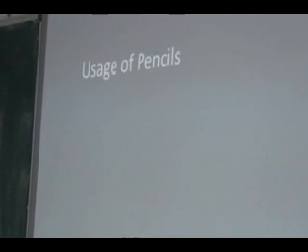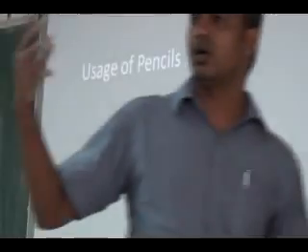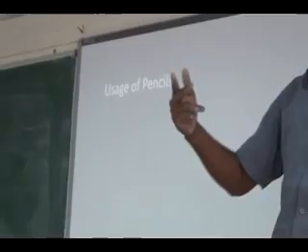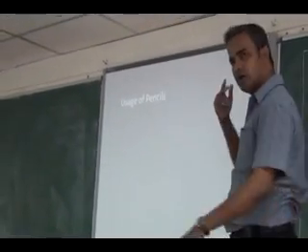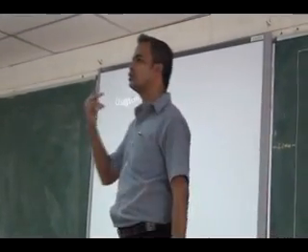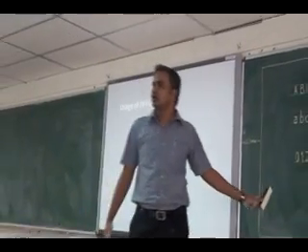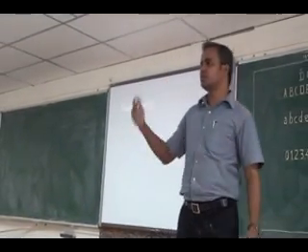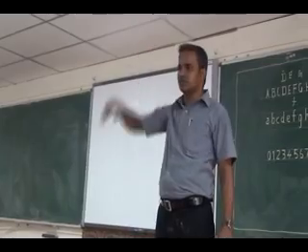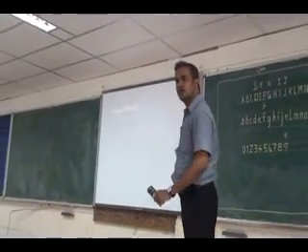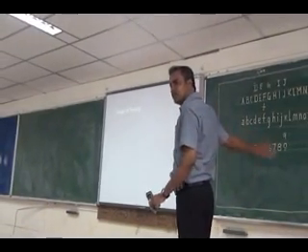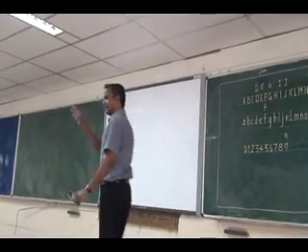Usage of pencils. As I told, so far I have mentioned only 3 pencils. What are they? HB. HB is the darkest one which you are going to use in your drawing. It is used for dark outlines, layout, title block, and lettering.